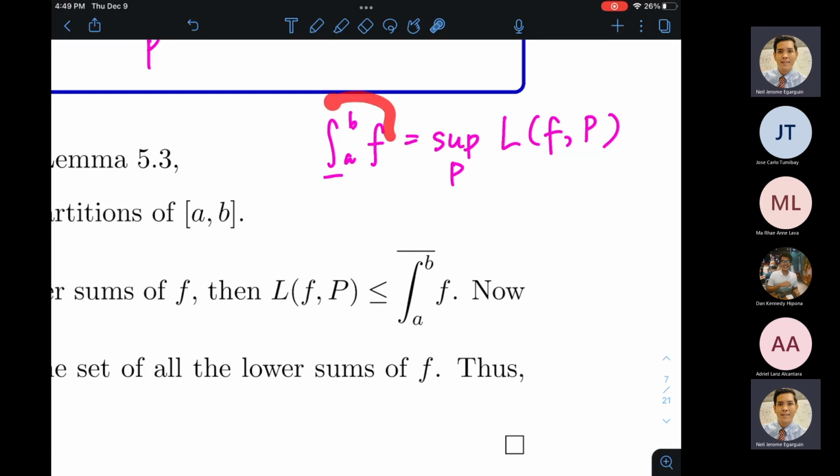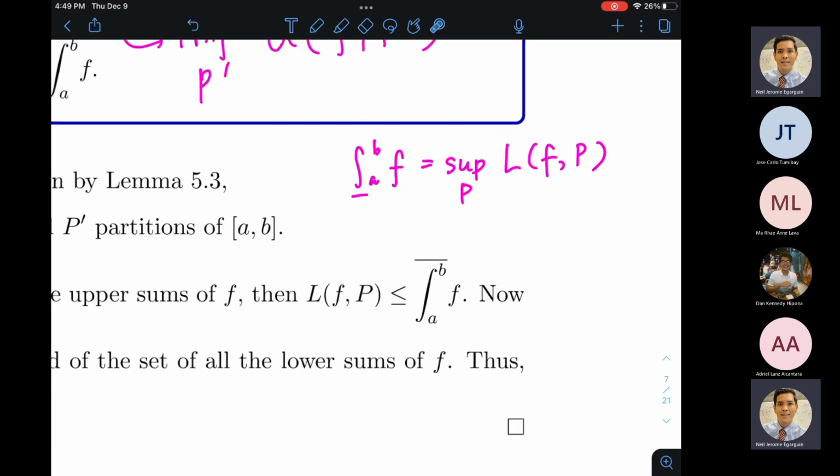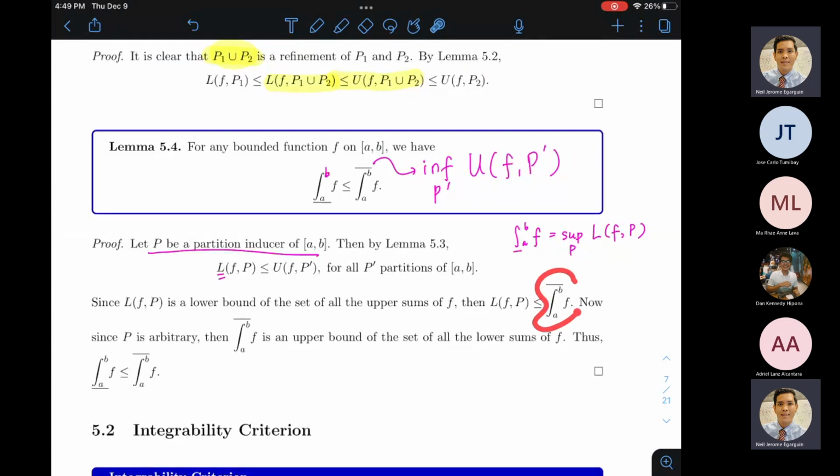So kung siya yung least upper bound, tapos ito ay isang upper bound, therefore, ibig sabihin, totoo itong inequality na to. Right? Kasi nga, ito ay upper bound, pero pinakamaliit na upper bound ay ito, which is the lower Riemann integral. So therefore, the lower Riemann integral is less than or equal to the upper Riemann integral. Okay? So medyo masaya yung proof. Actually, nag-enjoy ako nung binabasa ko to na, clever application nung pagiging supremum at infimum nung set of all lower and upper Riemann sums. Okay?